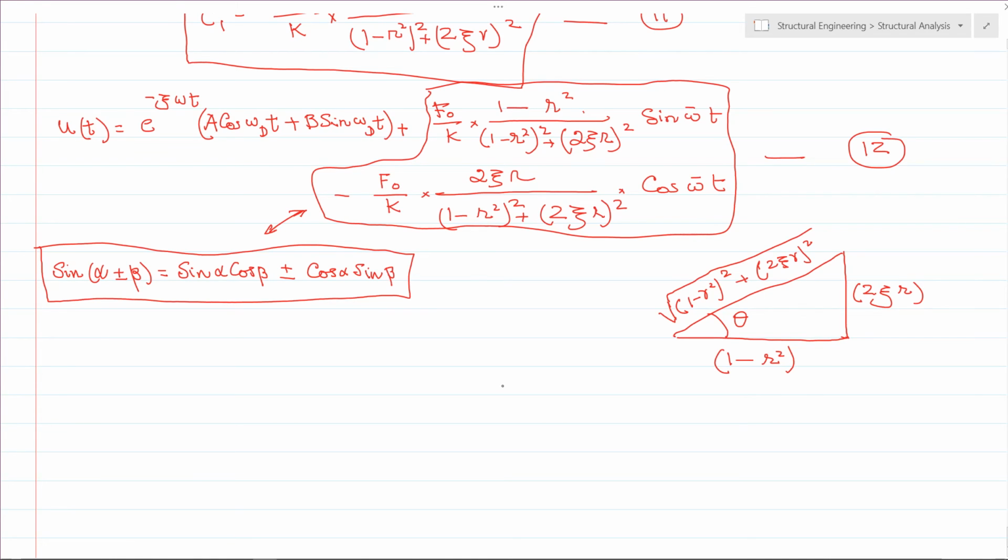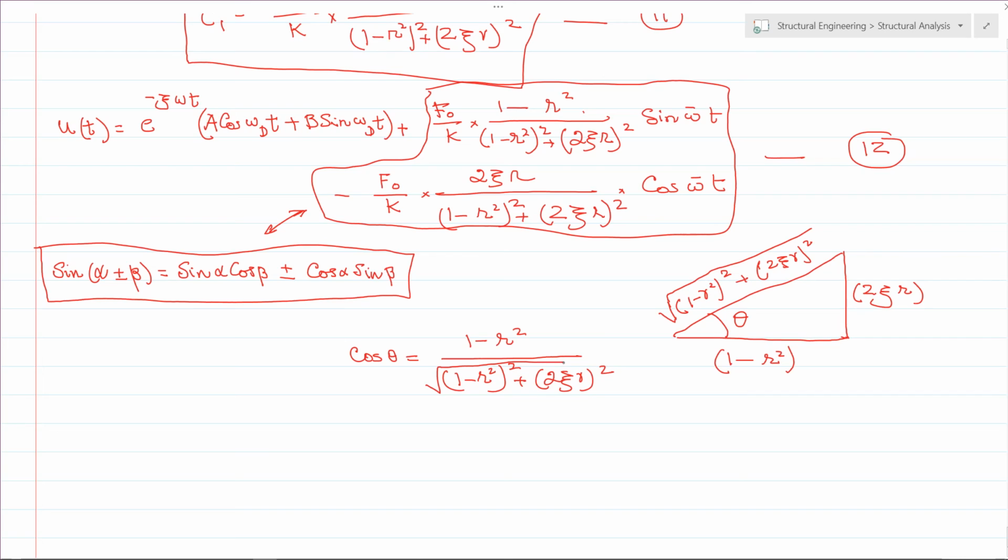So from this figure I can say that cos of theta will be equal to (1 minus r square) over the square root of ((1 minus r square) whole square plus (2 xi r) whole square).